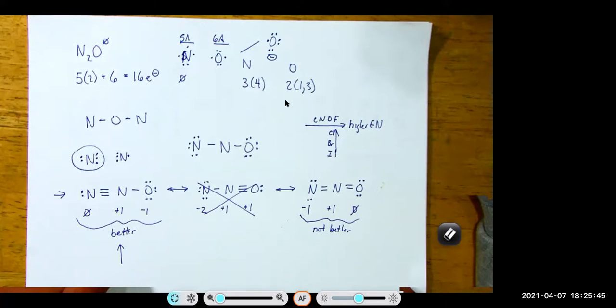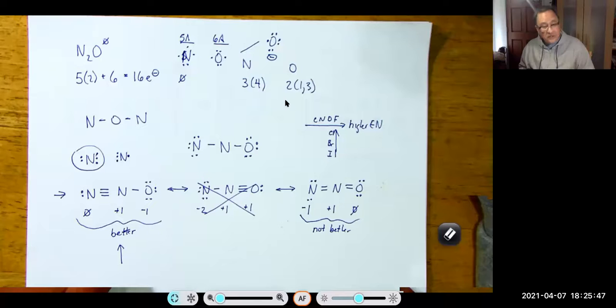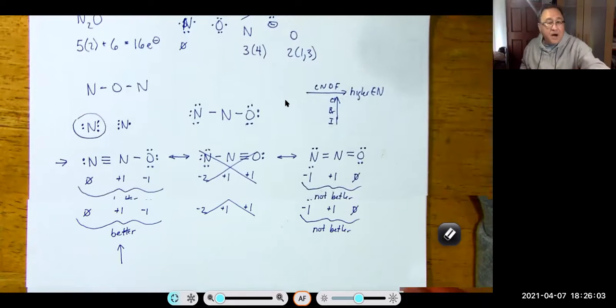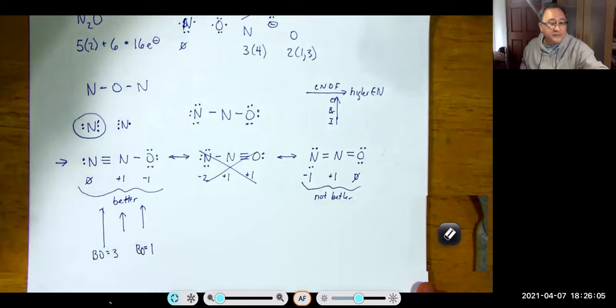What are the bond orders in N2O? If we look at this, the bond order between the nitrogens is a 3, and the bond order here between the nitrogen and an oxygen is a 1. So how do we get bond order? I'm going to show you here.